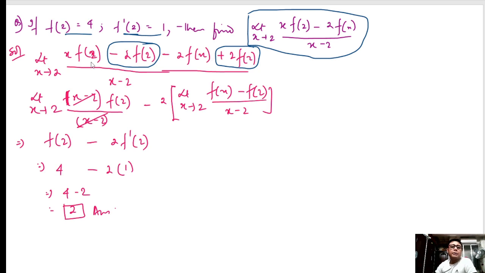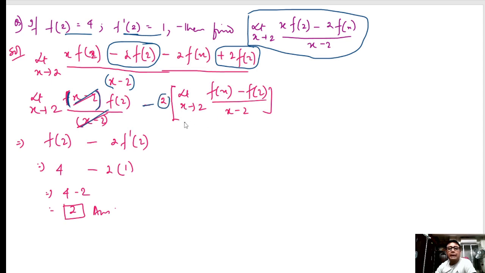Now from the first two parts I have taken f2 common outside. So in the bracket it remains x minus 2 by x minus 2. So this cuts, minus, in the second part I have taken 2 common.